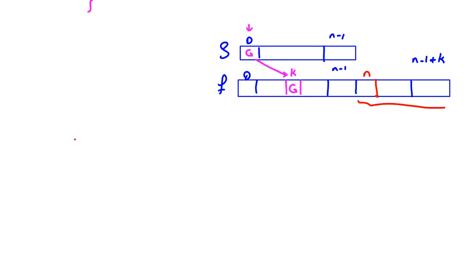N. If F of, for example, from N to N minus 1 plus K is not empty, so you can check, for example, how many variables are there. If you have 2, then you can fill in n minus 2 and n minus 1.